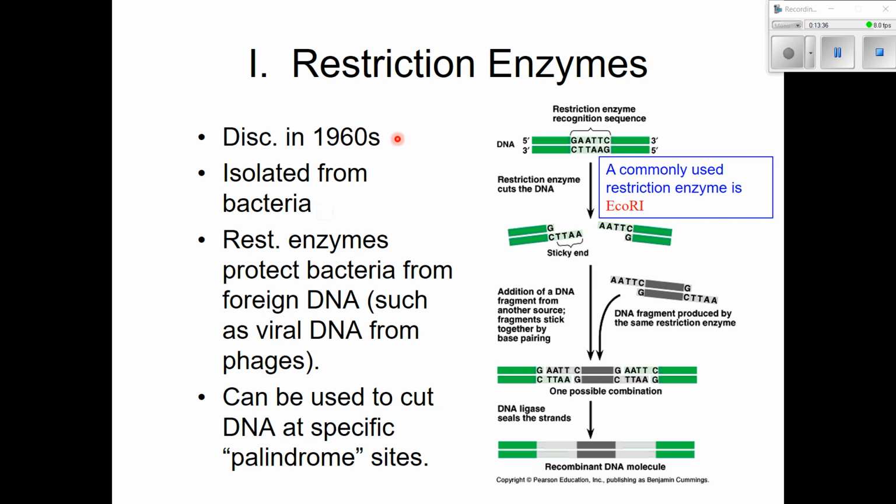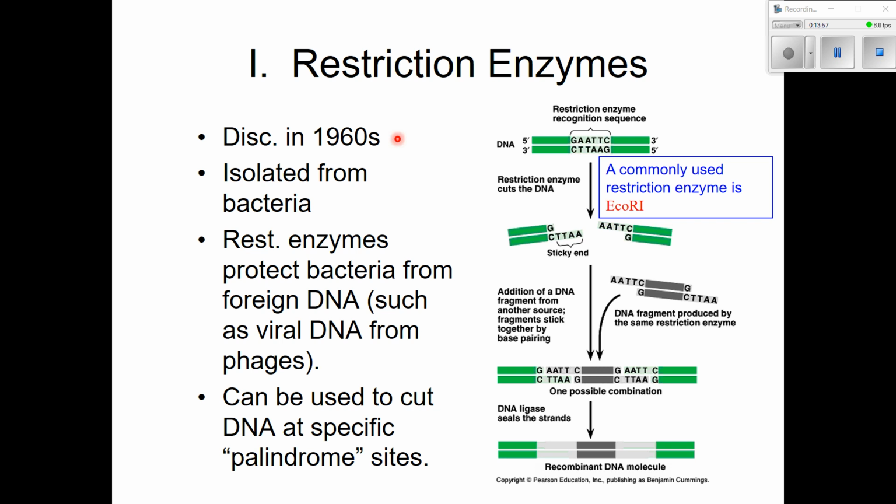And the reason these enzymes exist is because if a bacteria is infected by a phage, a bacteriophage virus, its only defense against that virus is to destroy the virus DNA.